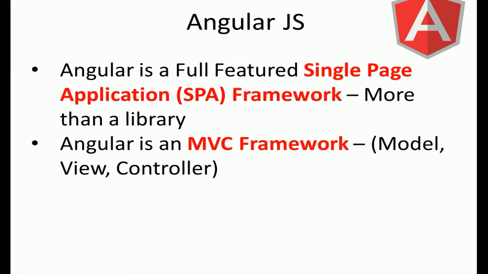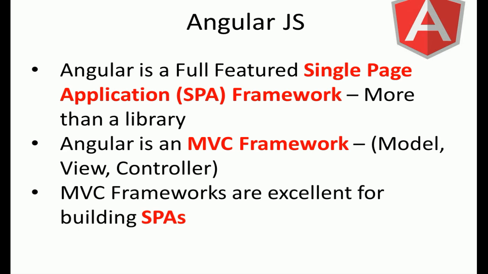The core idea behind MVC is that there is a clear separation in the code between managing the data, or the model, the application logic, or the controller, and presenting the data to the user, the view. MVC frameworks are excellent for building single-page applications.